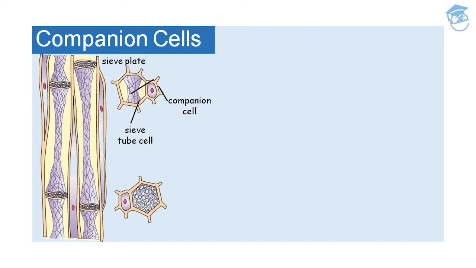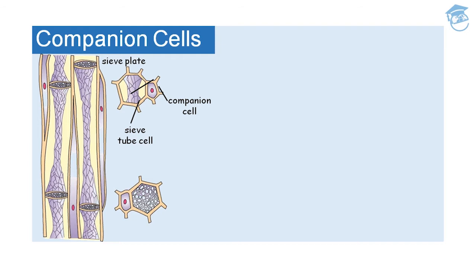So the reason for the connection between sieve tube member and companion cell is, as stated earlier, the plasmodesmata, which allow material to flow between these two cells. The sieve tube member, which is this, is alive, yet it lacks organelles like the nucleus or ribosomes.